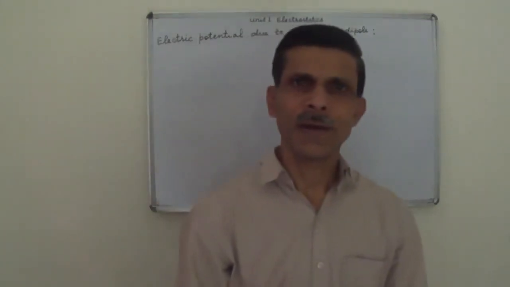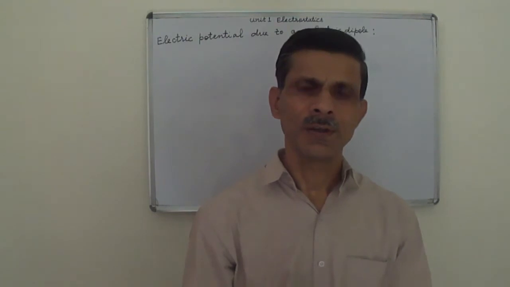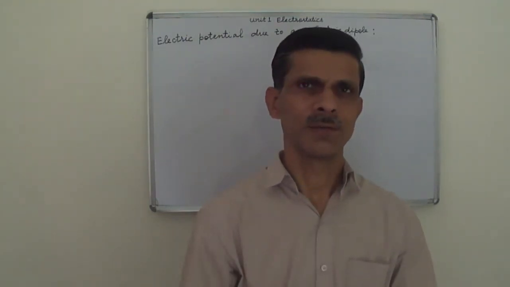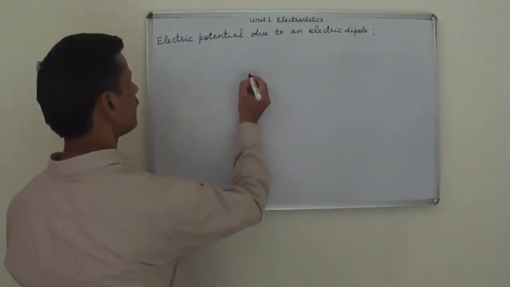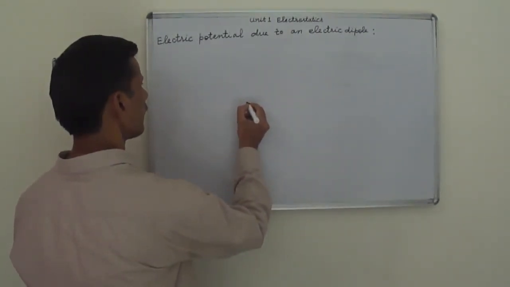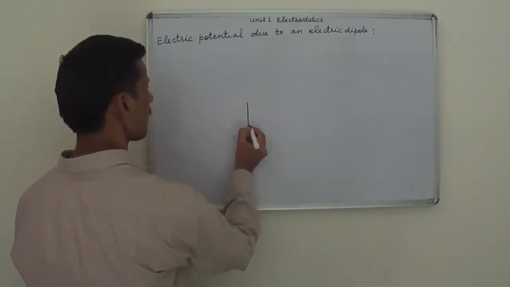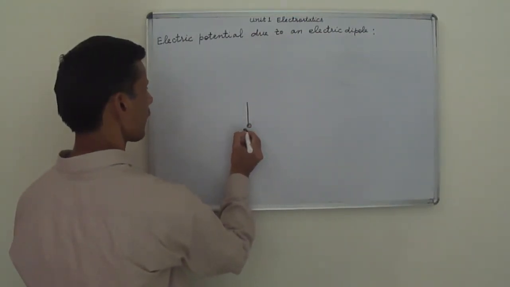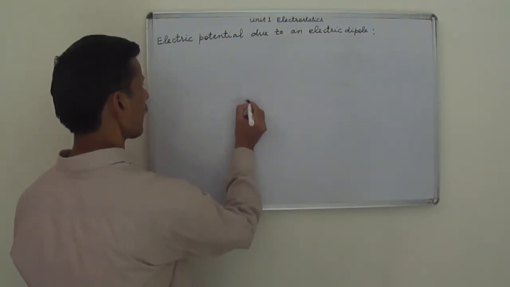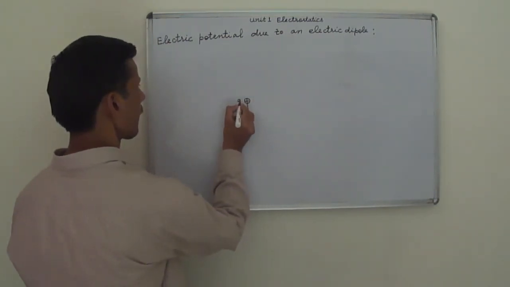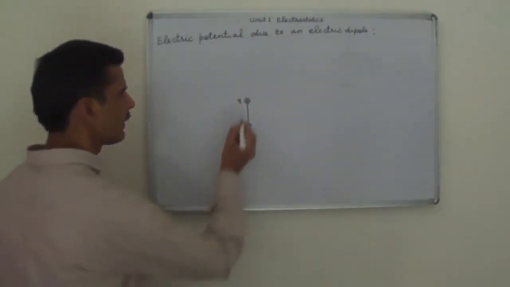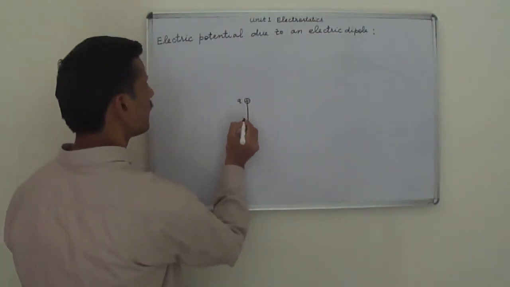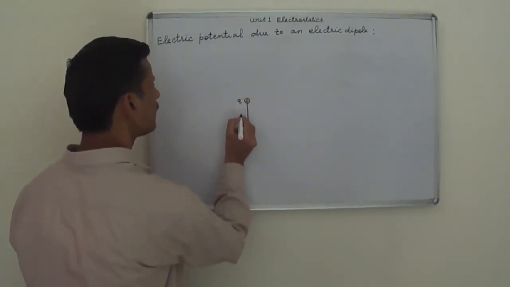You know, an electric dipole consists of two equal and opposite charges at some distance apart. Consider here an electric dipole, say two charges minus q and plus q at 2a distance apart.